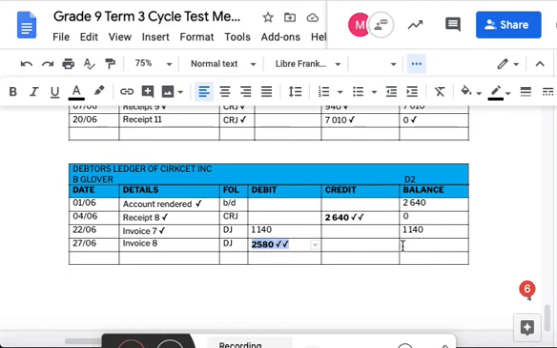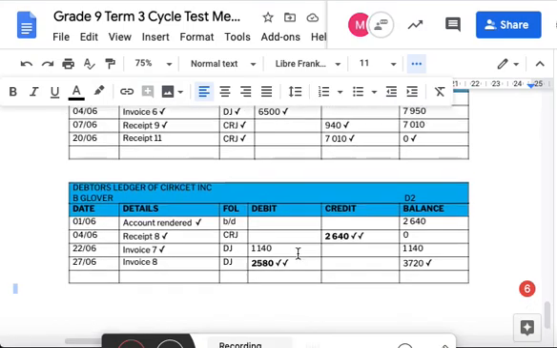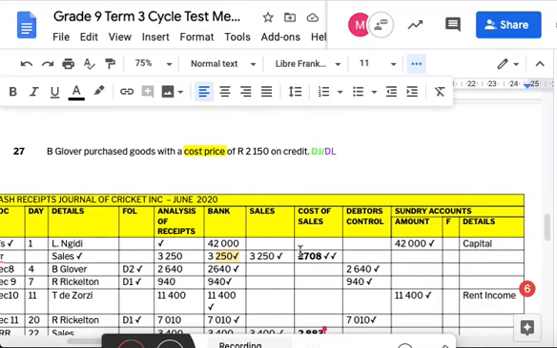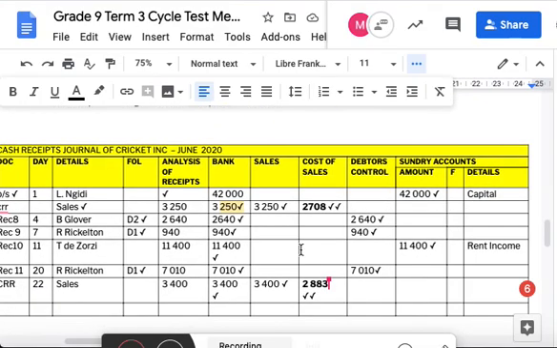What is his new balance? 3,720. You add the 1,140 and you add the 2,580. You should get your new balance of 3,720. That is our last transaction, ladies and gentlemen.